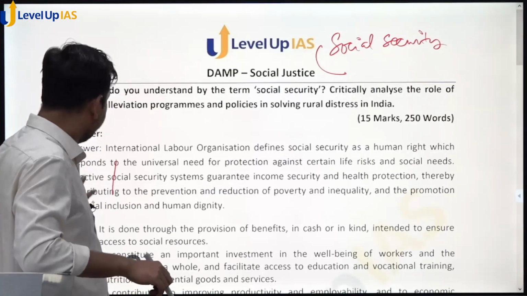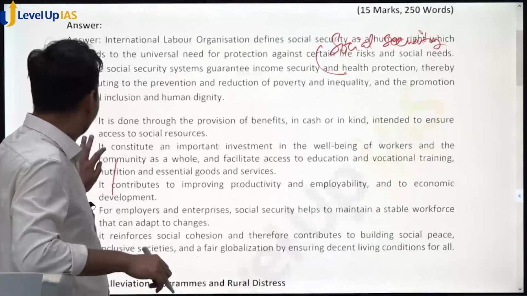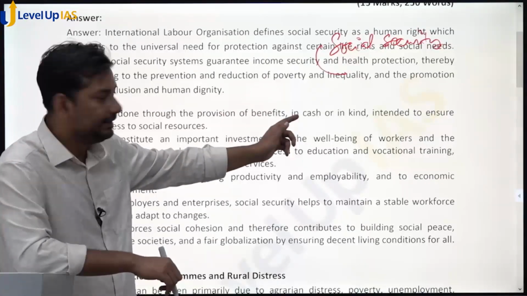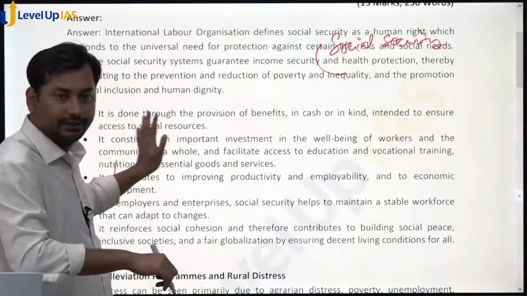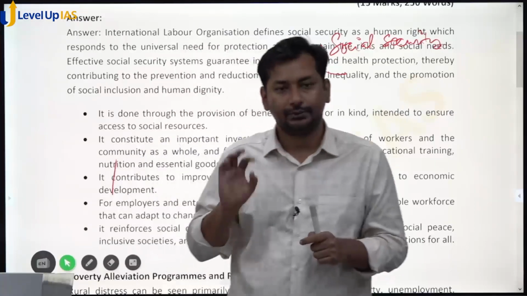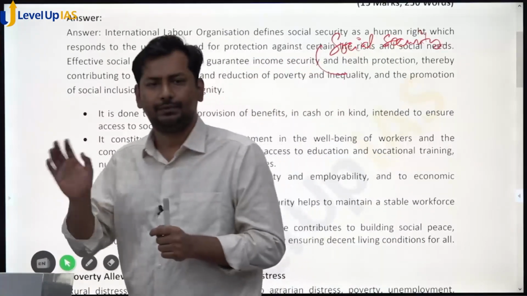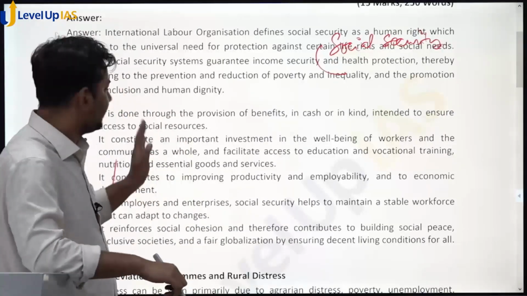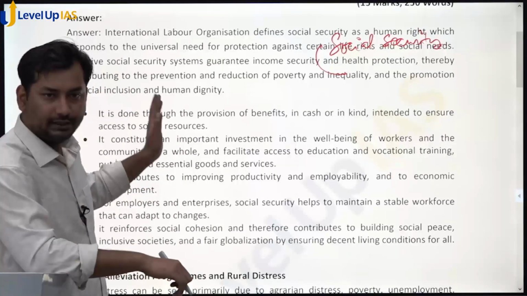So it leads to prevention and reduction of poverty and inequality, and the promotion of social inclusion and human dignity. This is the most inclusive definition of social security. You can use it in paper 1, paper 2, anywhere, or even in the ethics paper. So what is social security?